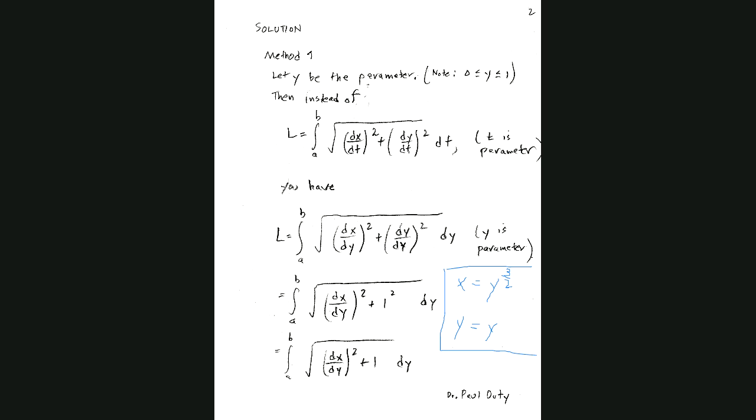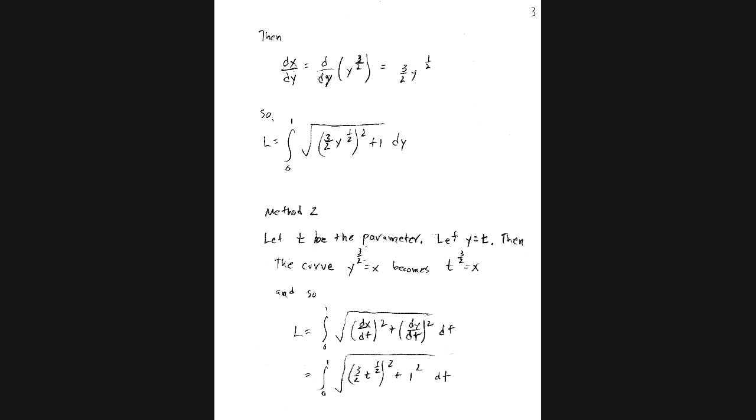All right, and so what we have to do then is we put in our derivatives. dx/dy is 3/2 times y to the half power. And then this is your formula. And incidentally, let me just go back.